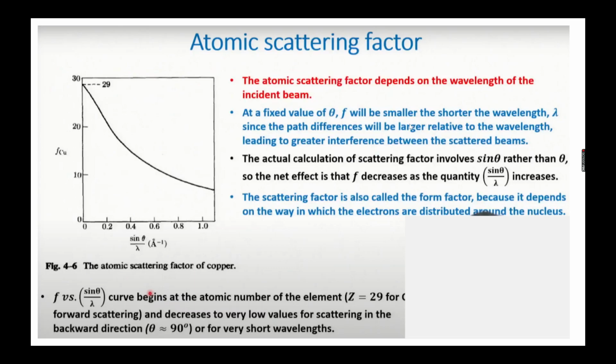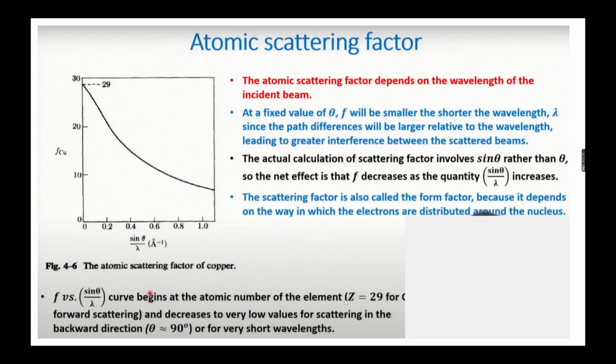So here the atomic scattering factor will decrease when you decrease this value, because when you decrease this factor, sin theta by lambda will increase. Here this is showing the atomic scattering factor of copper. This is F, the atomic scattering factor, versus sin theta by lambda.